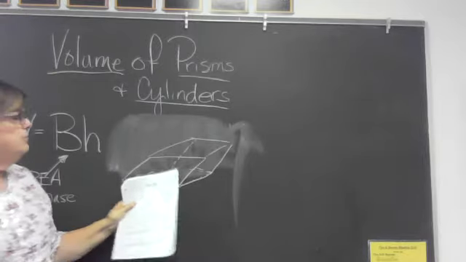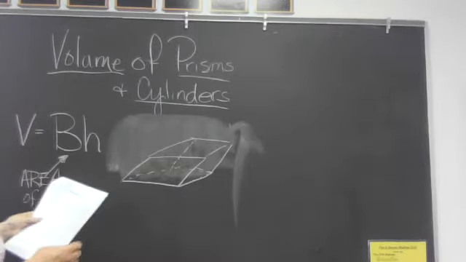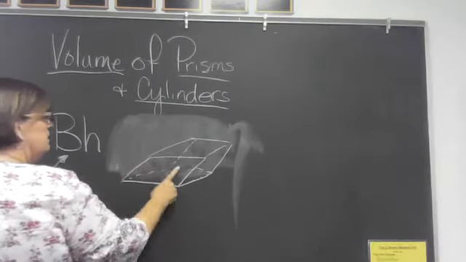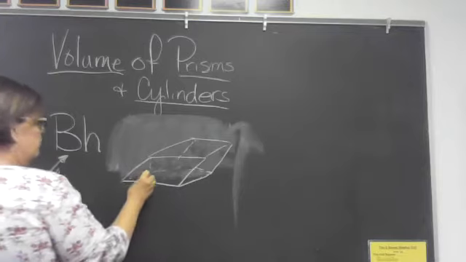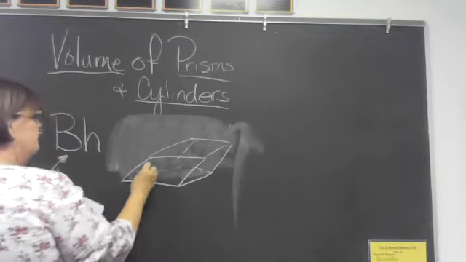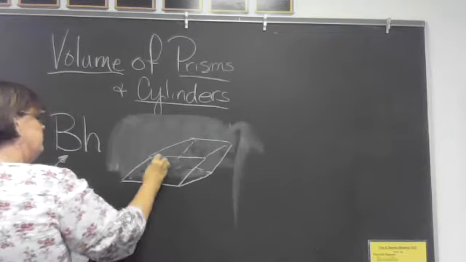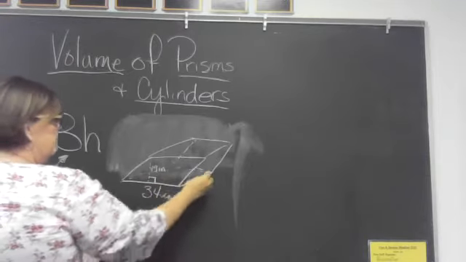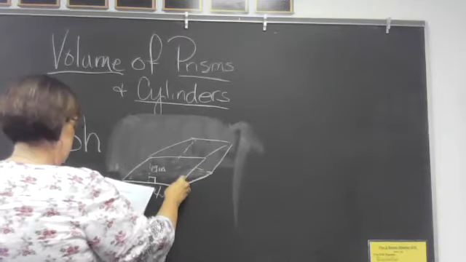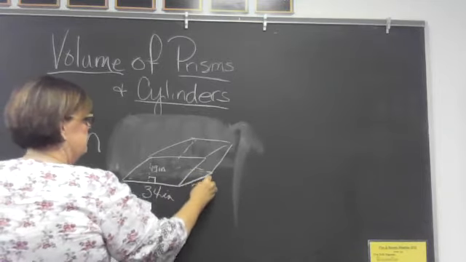Okay, so on this particular one, the measurements, I'm going to get this out so it's not so confusing. On number one, this is 19 inches, this is 34 inches, and this distance from here to here is 30 inches.